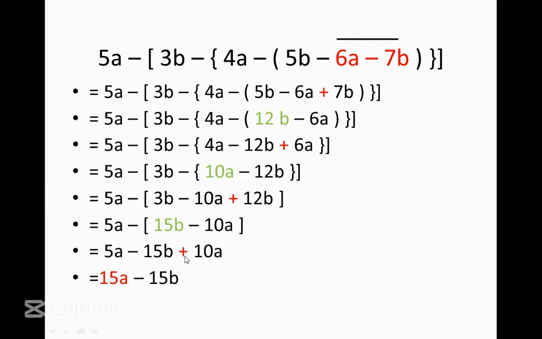Minus and minus, that is equal to plus 10a. Now 10 plus 5, that is equal to 15a minus 15b. So this is the answer. Only this 5a will be added into 10a.